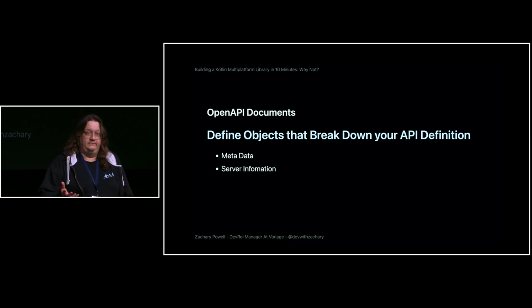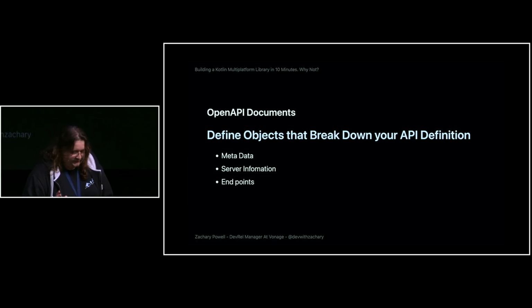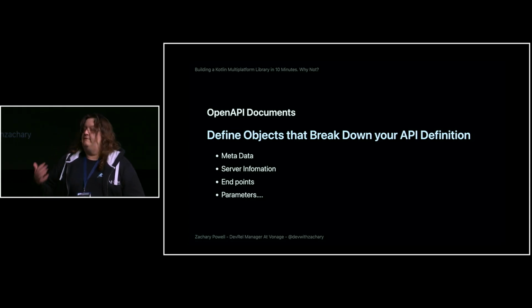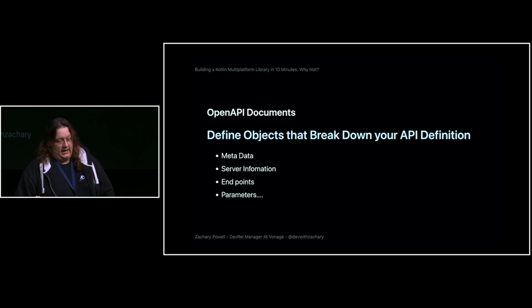Server information, where do you need to point to use that API? Kind of critical information. The different endpoints that make up that API. Okay, you know where you're pointing to, so now you know what are the different parts, things that you can actually hit and what they do. And then, of course, the information that you're going to send to those endpoints and or the information that is going to be received back from those endpoints.